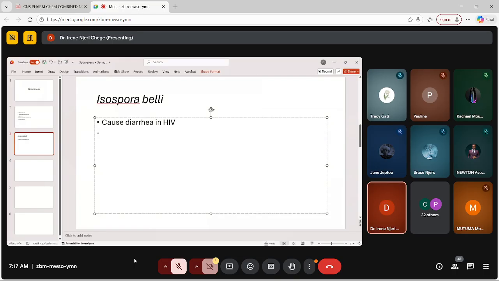The treatment usually is Septrin, so trimethoprim and sulfamethoxazole.